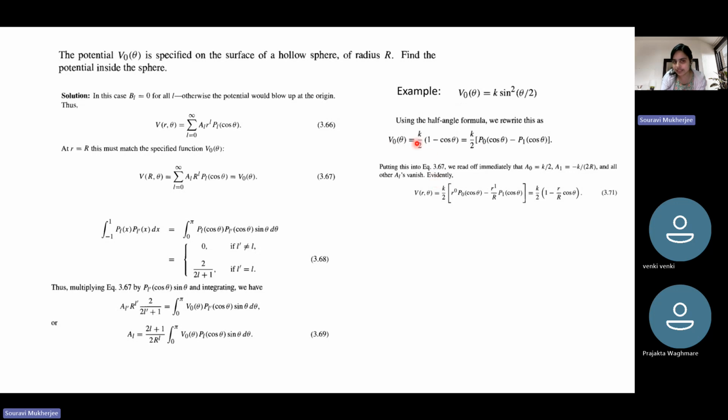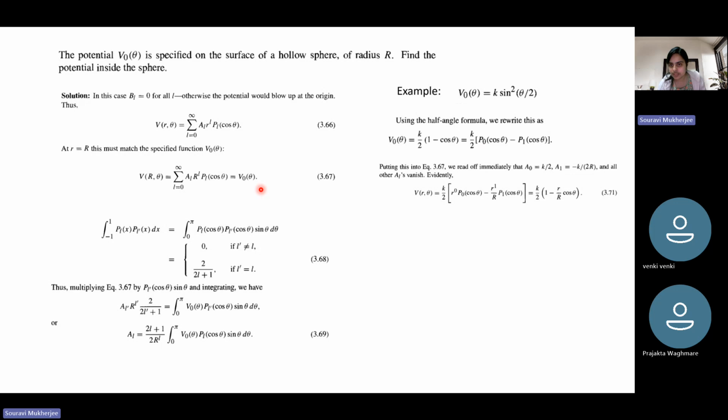So by comparing this with this form, which is the potential at the surface, that is, at small r equal to capital R, you find the coefficients. Once you know the coefficients, you can use this relation to find the general expression of potential somewhere inside. You can see that without actually doing any integration, we can just look at the form of the potential on the surface and find the potential inside, because we know these relations.